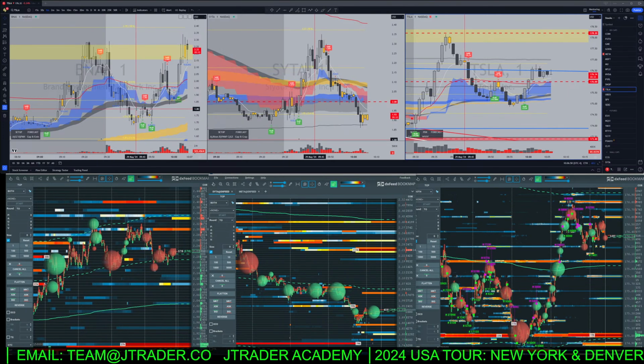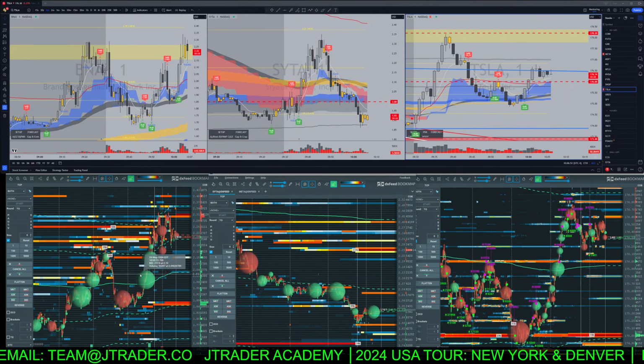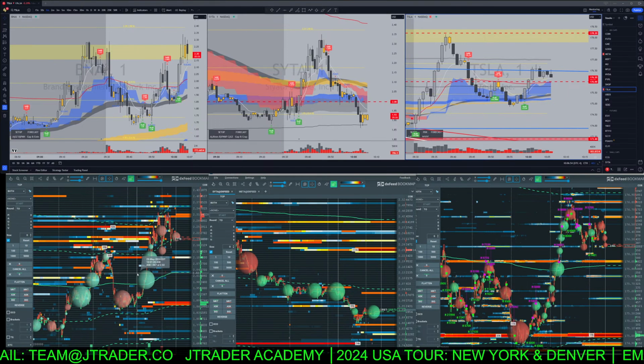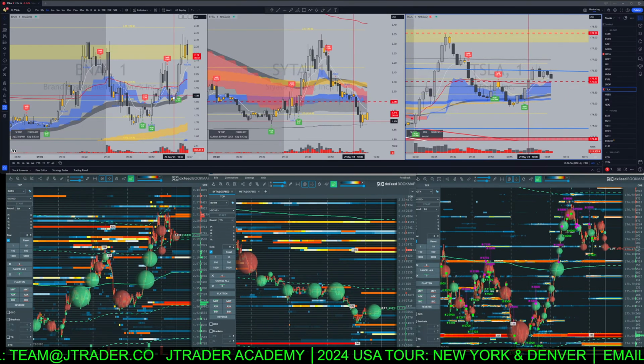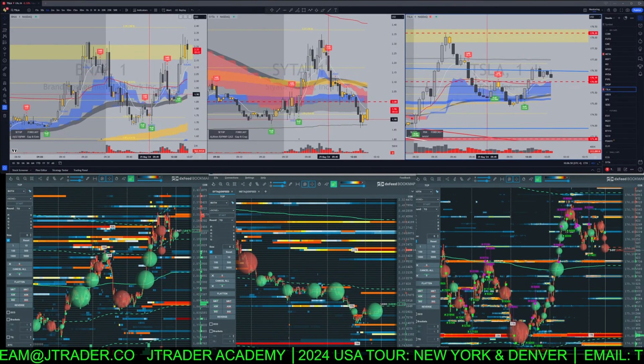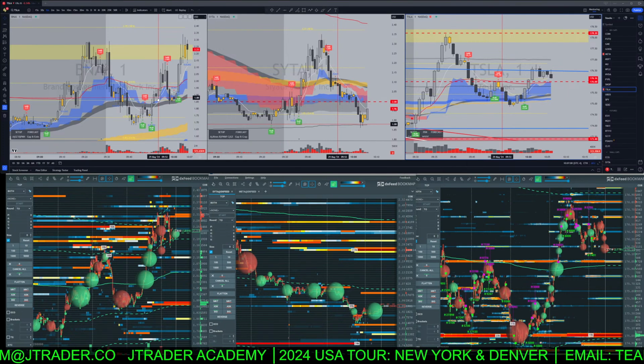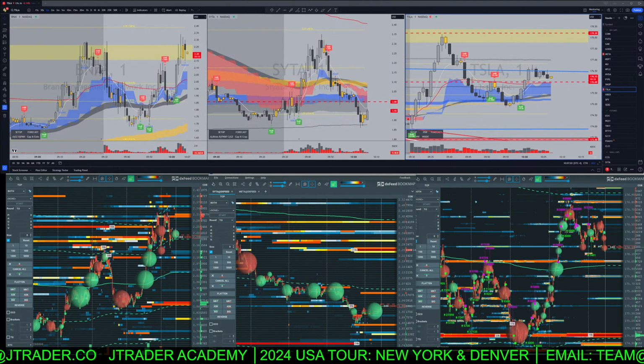Tom over here saying something very important. A lot of shorts over here are trapped big time into the 190, 180 down here, especially those are beginners.